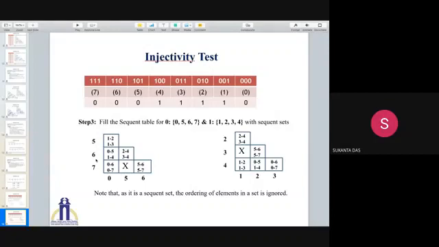Against 0 and 7, which is a set, I am getting the sequence set 0 and 7. So the step was: if alpha beta is a set and against alpha beta I get the alpha beta sequence set, declare it as a non-injective CA. Very simple. So in the second step, in the third step, I can declare it.